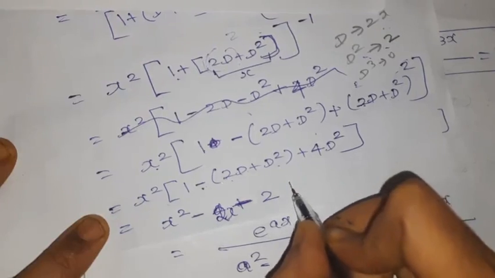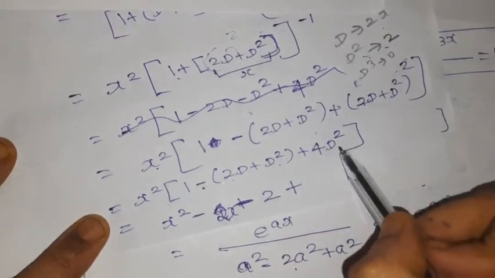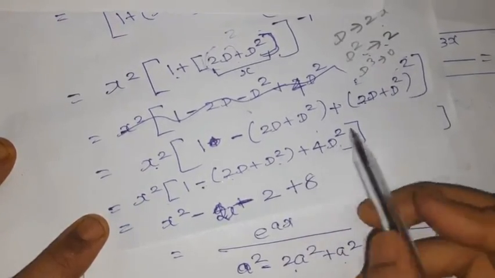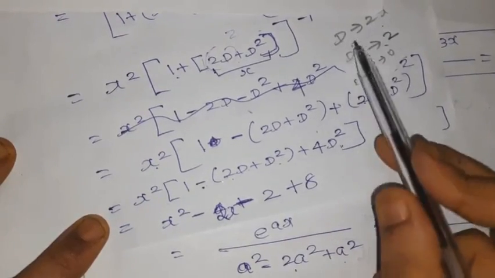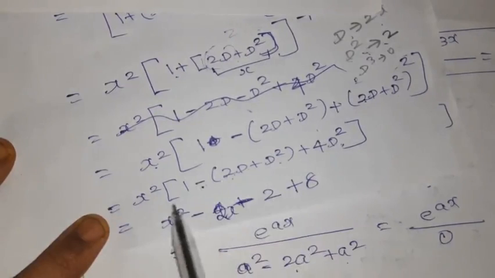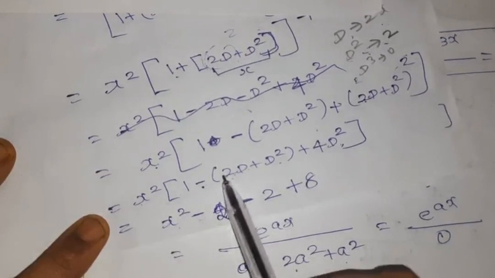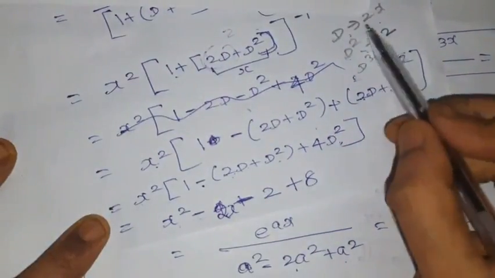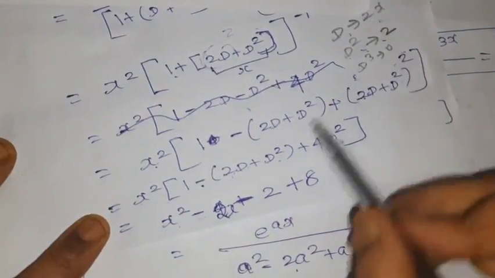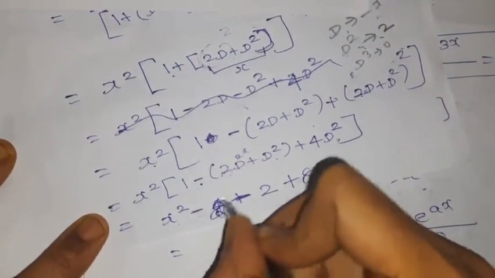Again plus 4D squared. D squared we will get 2. 4 into 2, 8. Nothing but D squared is 2, D is 2x. So x squared minus 2 into differentiating one time, what we will get? 2x. This is also 2x. So 2 into 2, 4x.